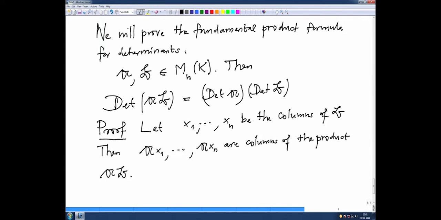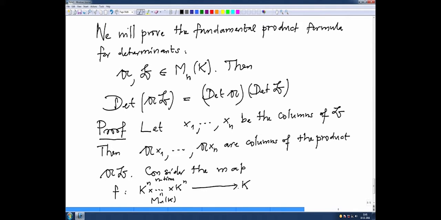And now consider the map. Let me call it F. This is from k power n cross ... cross k power n, remember, this is n times, which is nothing but M n k, the matrices, viewed by columns. And from here to the scalars, what is the map?